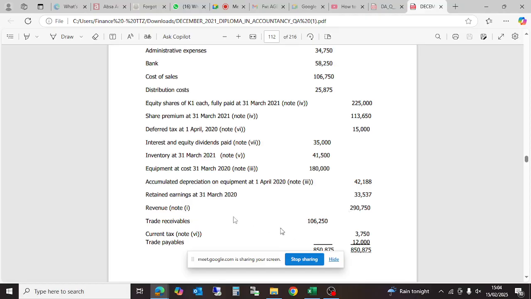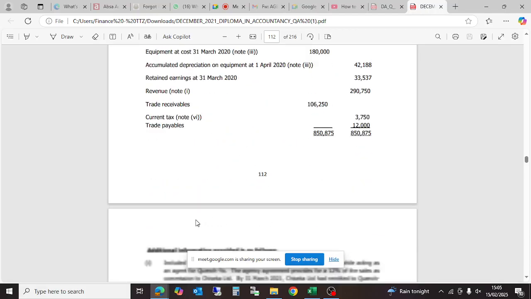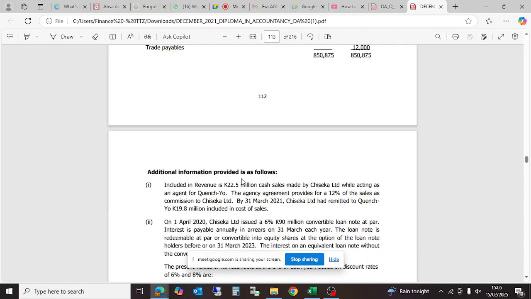I won't read everything because I'm mainly concentrating on revenue. We have revenue in note 1 of 290,750. Additional information provided is as follows.